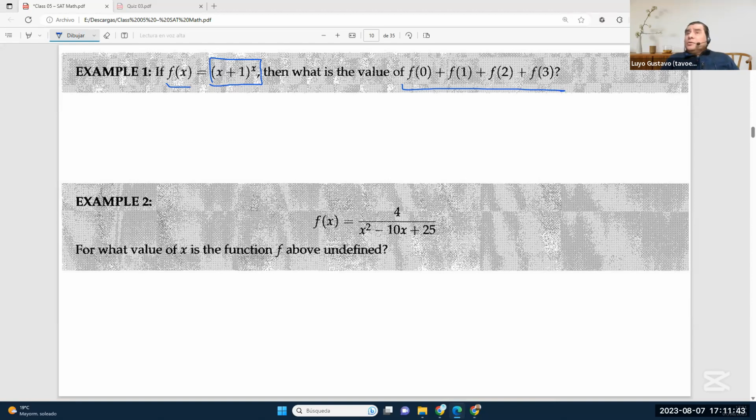What you can do in order to find out is, first, find the output for the function F when you give the input 0. Then find the output when the input is 1. Find the output when the input is 2. Find the output when the input is 3. And then add up all those 4 outputs. And that's the answer.